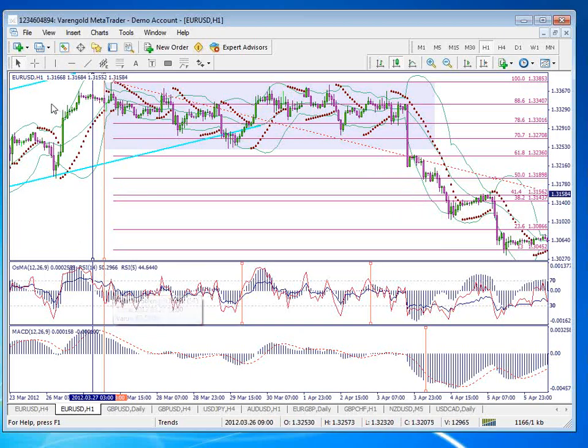Here we have a new signal from 1 hour. We have the cross of RSI, and also we have the confirmation from MACD. It's the first signal that we have after we have the signal on the 4-hour chart. So from this point here, we can look for one trade.